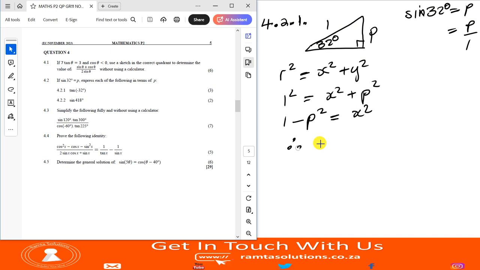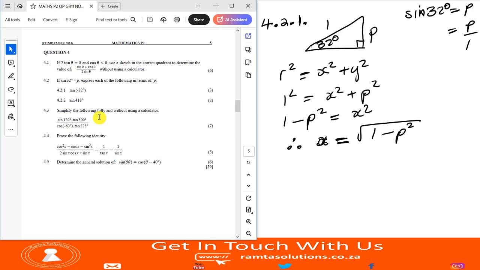Therefore, x equals square root of 1 minus p squared. I'm not considering the plus minus. Why? This is an acute angle. So since it's an acute angle, I will consider it to be in the first quadrant. Therefore, it's okay to take x value as positive.